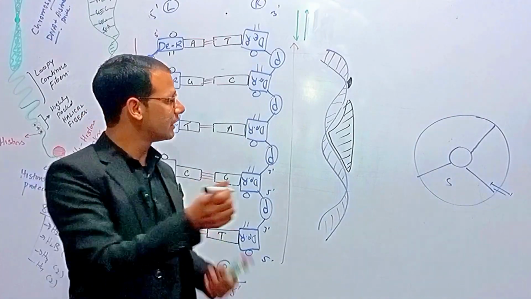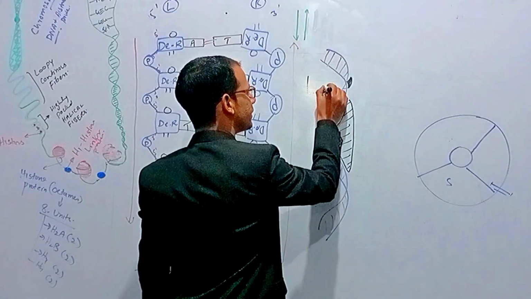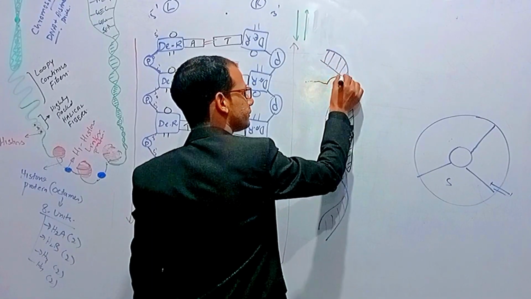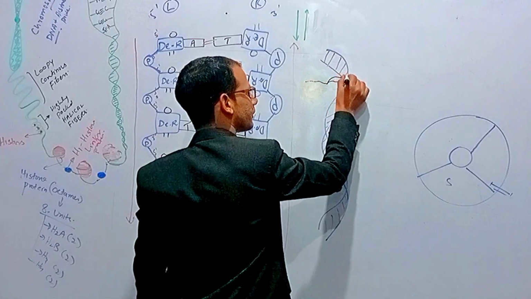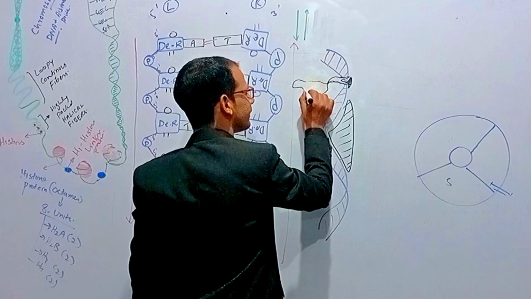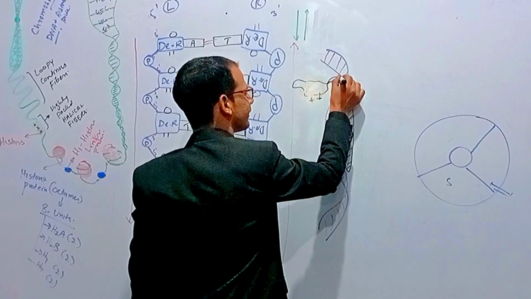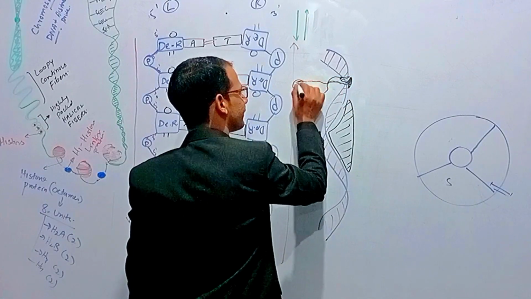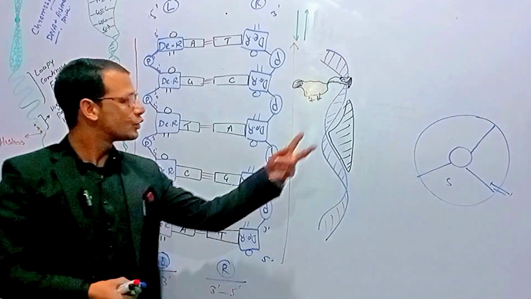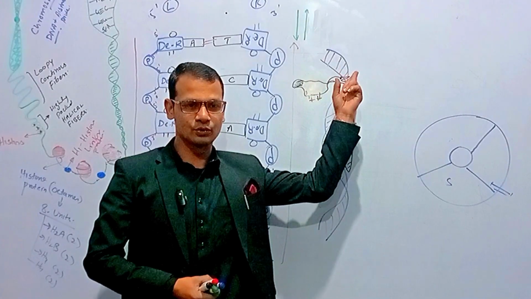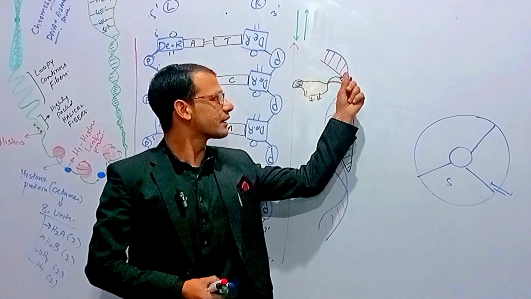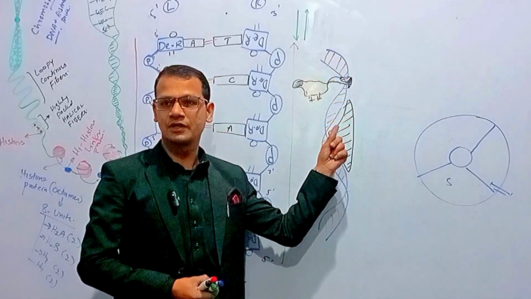If we stop the uncoiling of DNA, we can easily stop the DNA replication, right? So we give drugs. What is this? This is a duck. We need a drug to hold this minor groove, and now the DNA polymerases are not able to uncoil this DNA.